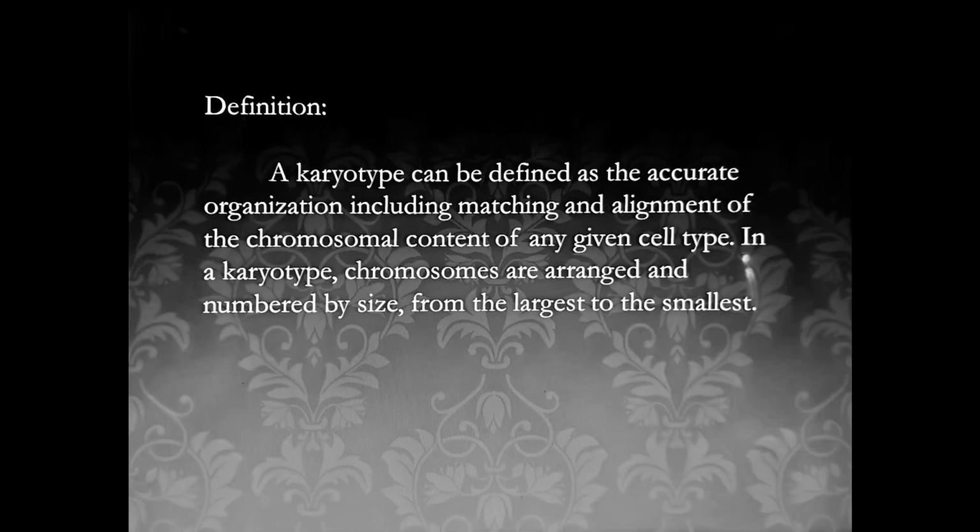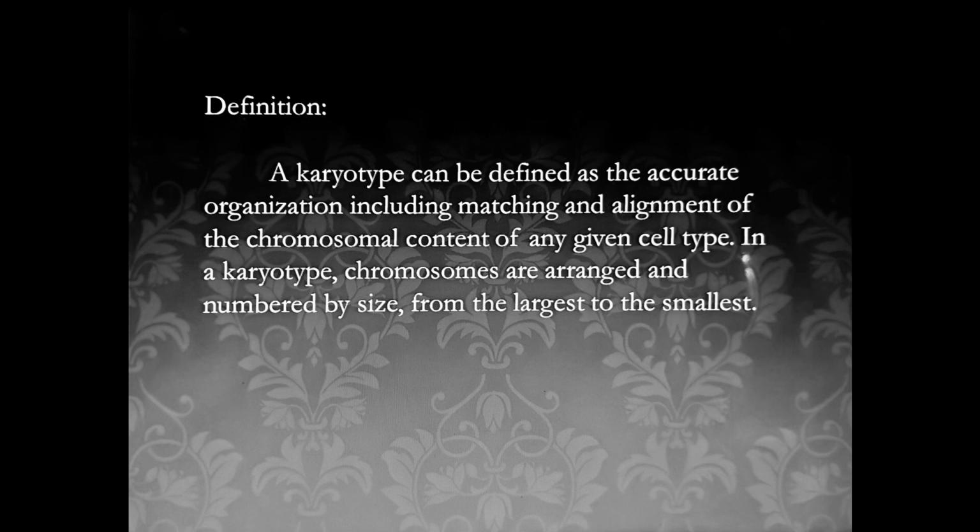Now let's see how karyotype is defined. Karyotype can be defined as accurate organization including matching and alignment of chromosomal content of any given cell type. In a karyotype, chromosomes are arranged and numbered according to size from largest to the smallest. What does it say? Organization including matching and alignment.